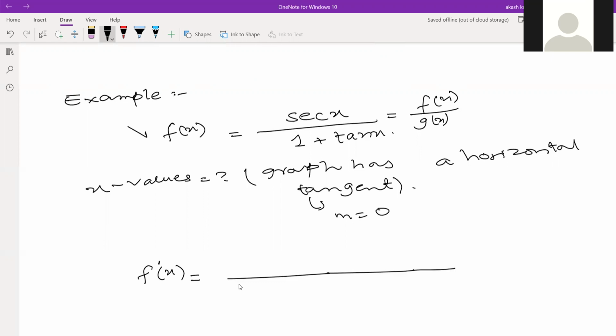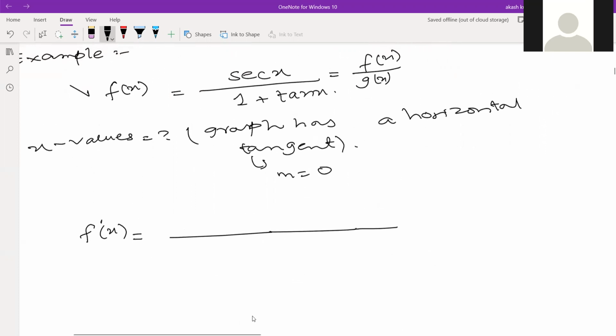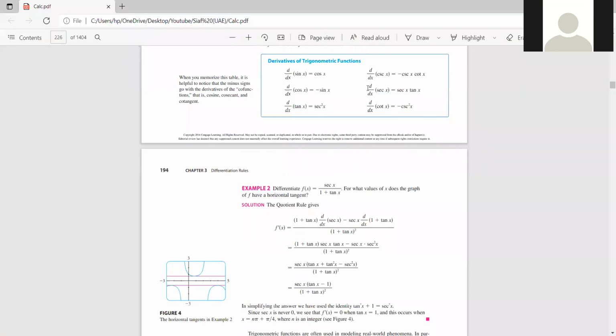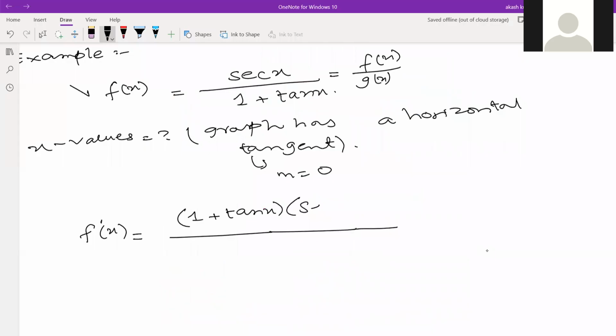So 1 plus tan x, and the derivative of sec x is, let's get back to the book for this. The derivative of sec x is sec x tan x, and there's a minus sign in the formula.